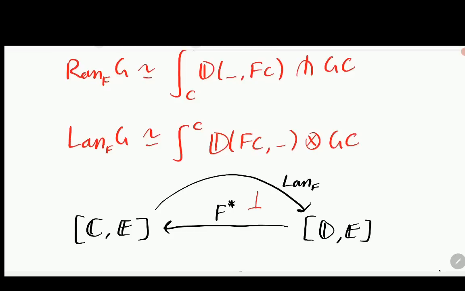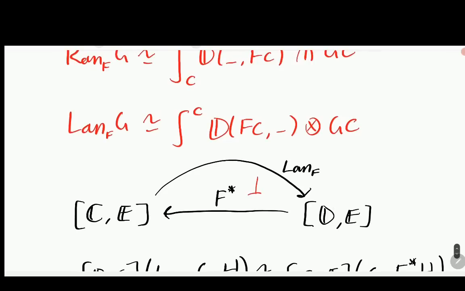When we take this functor F and form this F star, what happens is we have an object of this category, let's say H, and we just precompose it with F. That's how F star works on objects.